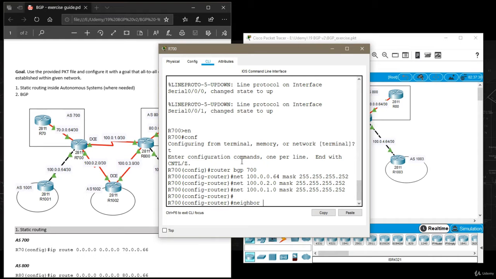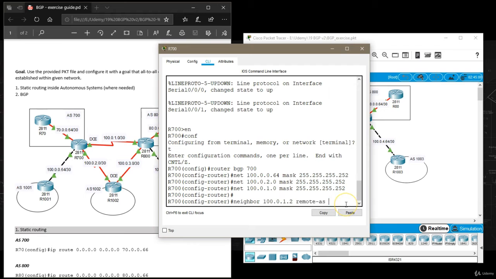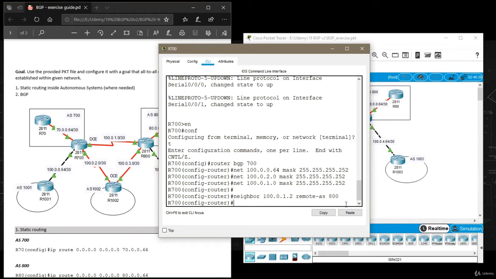Next, we want to list the neighbors. So neighbor 100.0.1.2 is the IP address of router 800. And then we want to say remote autonomous system, and the autonomous system where that neighbor is, number 800.